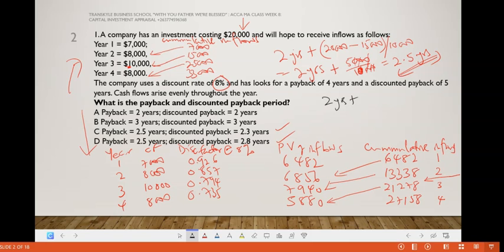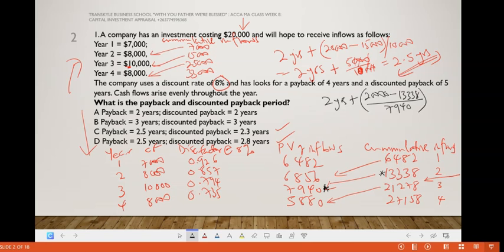We do the same mathematics: we invested 20,000 minus the last cash flow before we recover, before the payback, that is minus 13,338, over the PV of cash flow in the following year, that is 7,940.